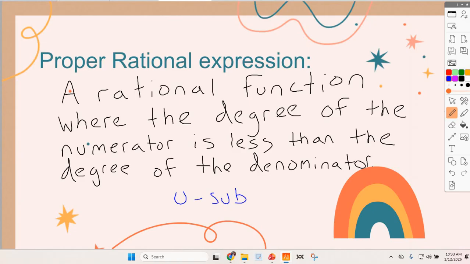So u-sub would be one, right? Because if I have an x squared in the bottom and an x on top, I can use u-sub. What are some other ones? Long division. Anything else? Completing the square. Or I guess the quadratic formula would also be similar to that.